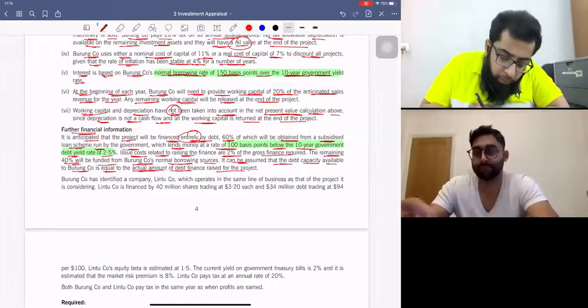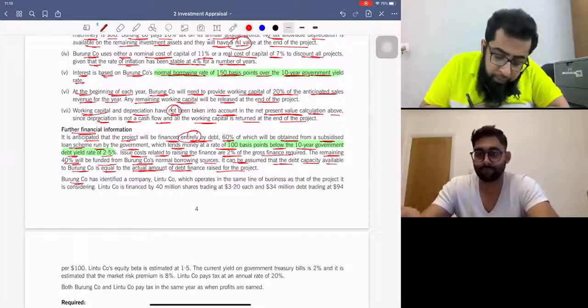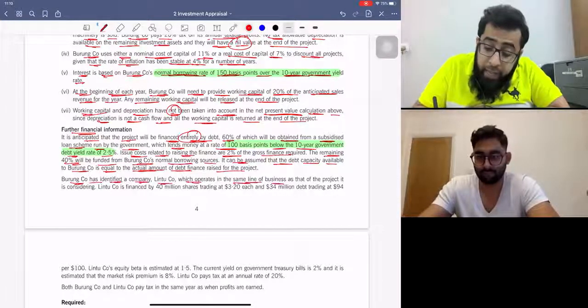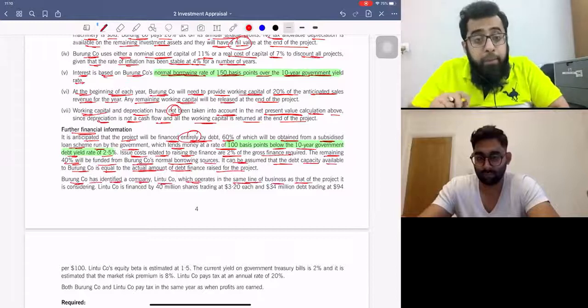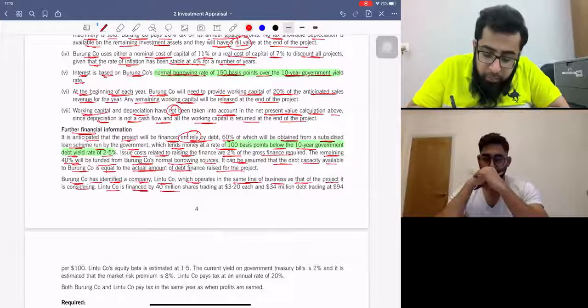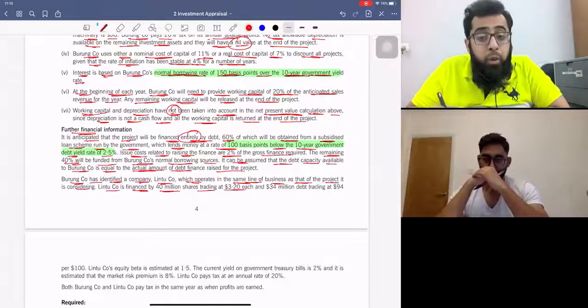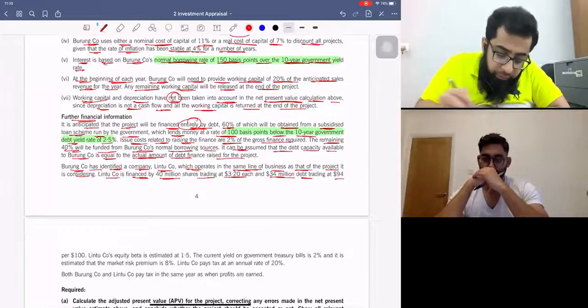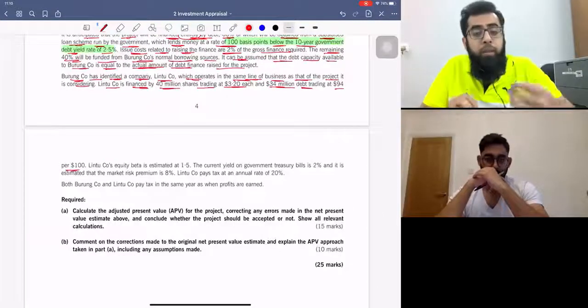Burung company has identified a company, Lintu company, which operates in the same line of business as the project. Lintu company is financed by 40 million shares trading at $3.2 each and $34 million debt trading at $94 per $100.